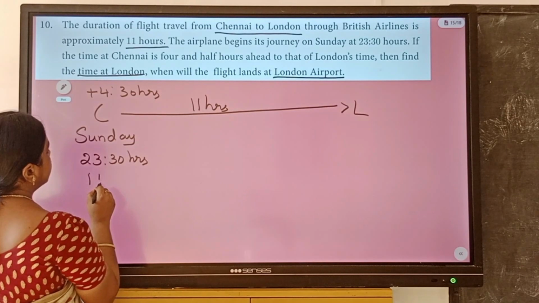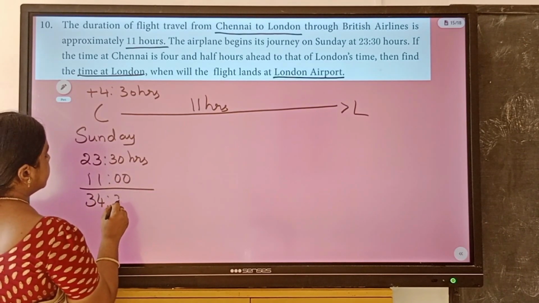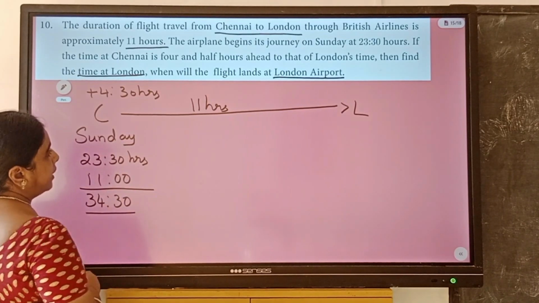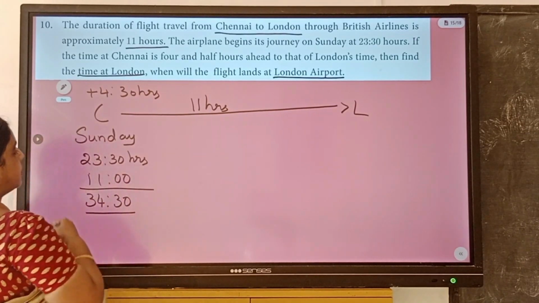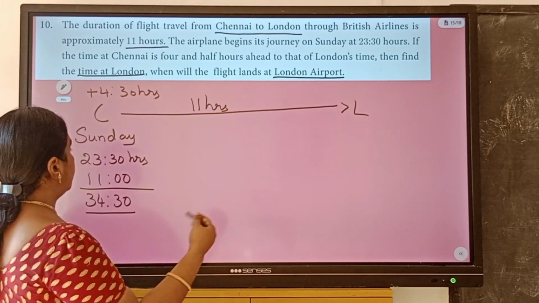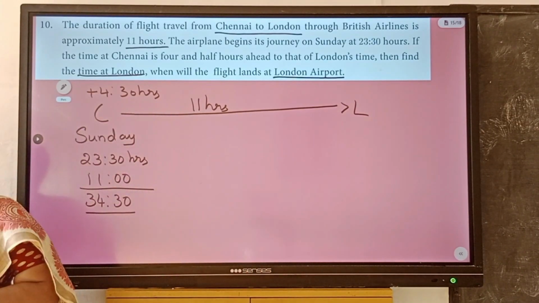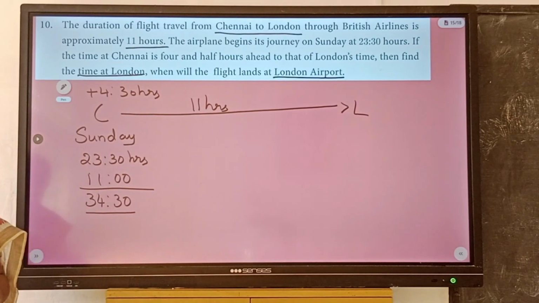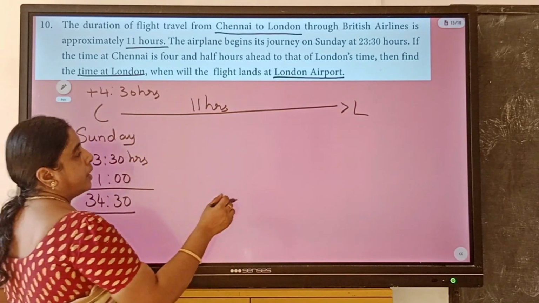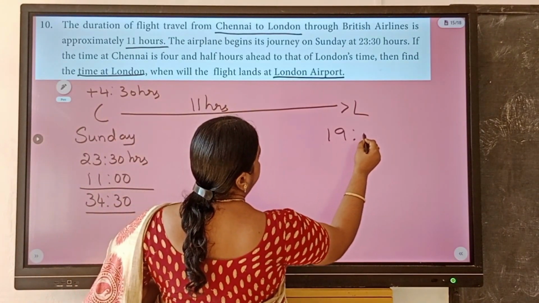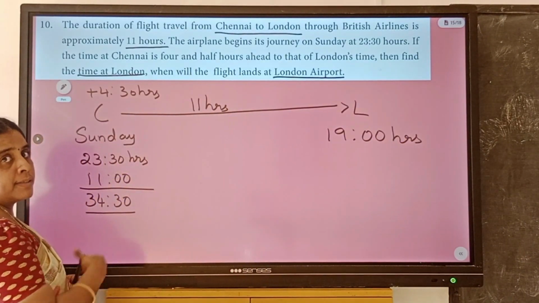So with 11 hours of journey, it is going to be 34 hours 30 minutes. And what is the time in London when it is 23 hours 30 minutes in Chennai?